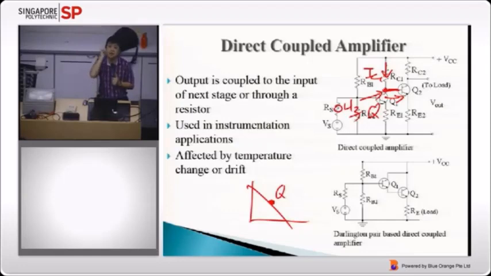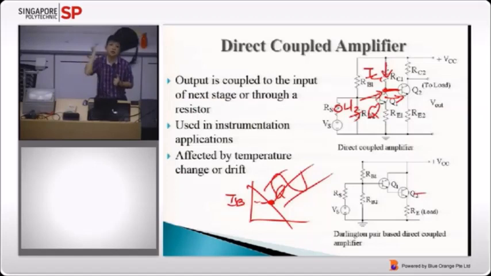We want it to be centered. And this is actually affected by your IB. If your IB changes, this Q point will shift. When it shifts up or down, it will affect your waveform. So we do not want this Q point to shift, but when it shifts due to this effect, we can't control it. Understand?